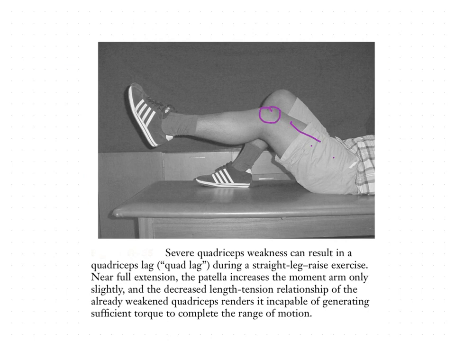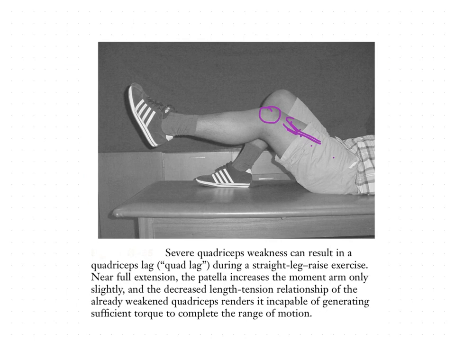That means here the knee has to extend, but near full extension the patella increases the moment arm only slightly, and because of this weakness there is a decreased length tension relationship, so the person is incapable of generating sufficient torque to complete the range of motion. Although the patella is present, because of the weakness of the quadriceps, the person is unable to raise the leg in a straight way. Okay, this is the thing.